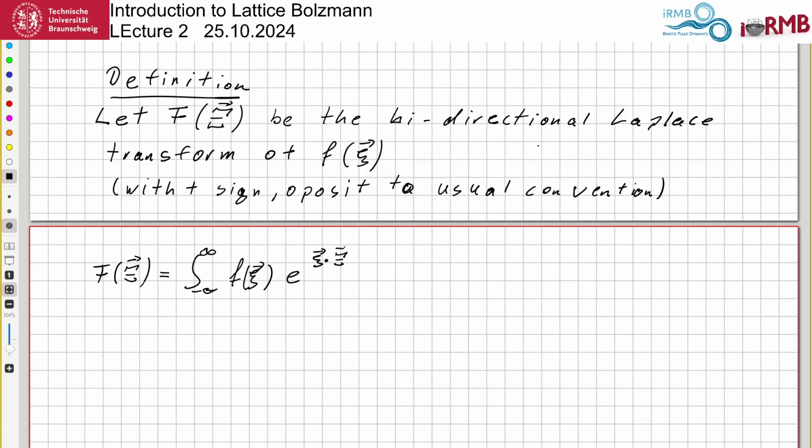So the velocity times the frequency velocity, integrated over xi. So this is the Laplace transform with the conditions that I just mentioned, with complex velocity, frequency.